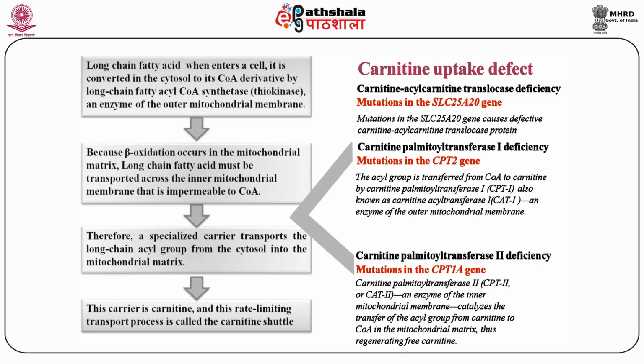The second type, which is the carnitine palmitoyl transferase 1 deficiency, results due to the mutation in the CPT2 gene. The acyl group is transferred from coenzyme A to carnitine by carnitine palmitoyl transferase, also known as carnitine acyltransferase 1, an enzyme of the outer mitochondrial membrane.